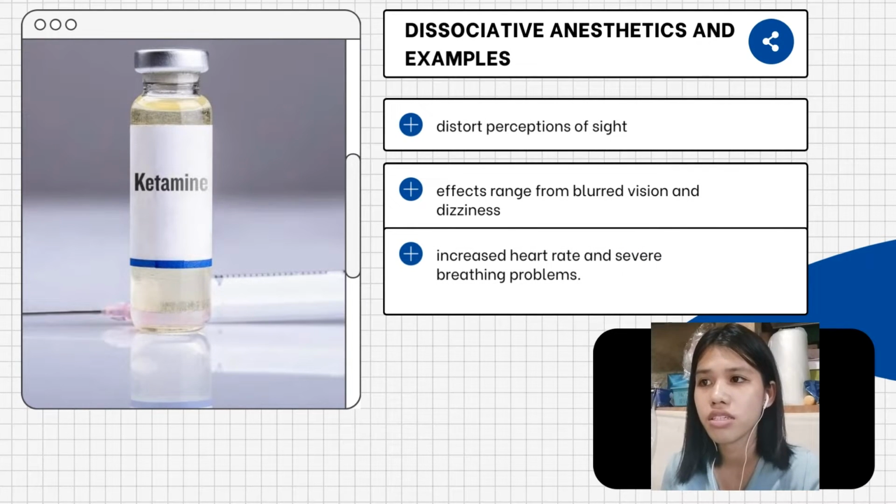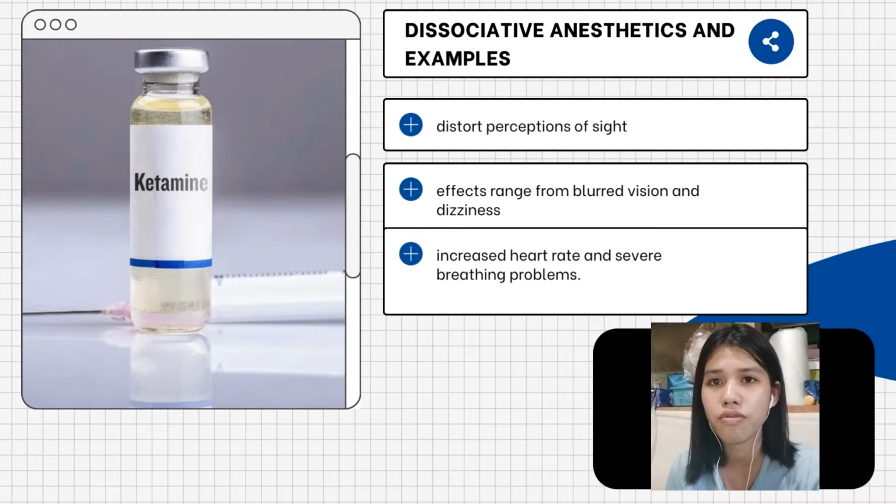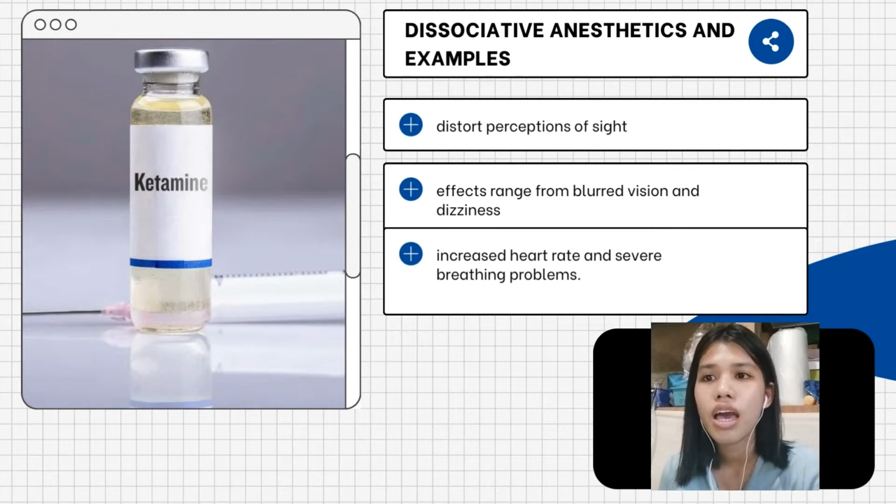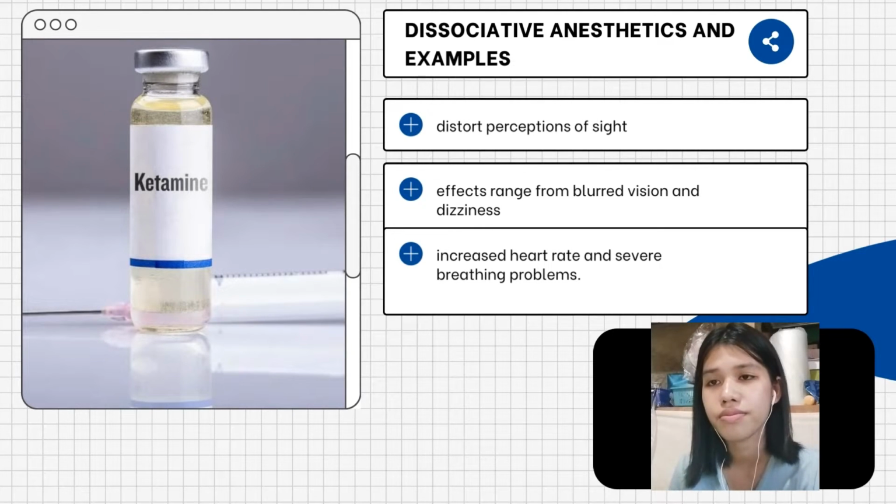The third category is the dissociative anesthetics. Dissociative drugs distort the perception of sight and sound and create a feeling of detachment or dissociation from a person's environment and self. Their effects are mind-altering and are not technically hallucinations.